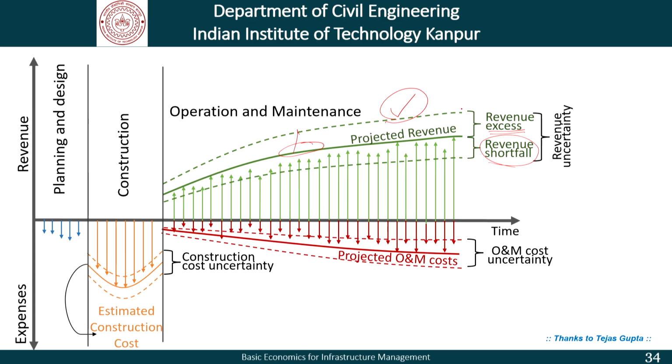And this difference here, which is basically an optimistic estimate of the revenue and a pessimistic estimate of the revenue, can go into some kind of revenue uncertainty. Similarly, there will be uncertainty as far as the operation and maintenance cost is concerned, and we have already talked briefly about the uncertainty in the cost estimates during construction.